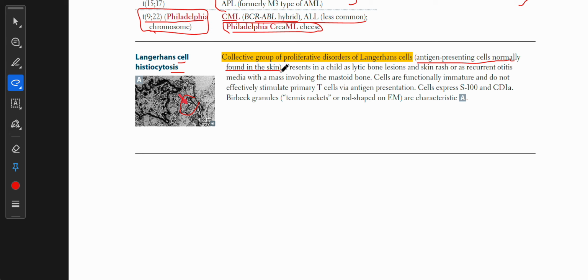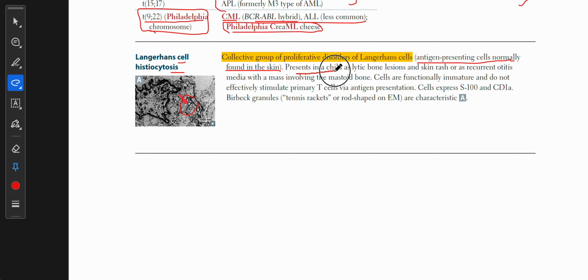Basically, if any antigen invades our body, Langerhans cells, which are antigen presenting cells, will present them to the dendritic cells or natural killer cells. If there is a proliferative disorder, an increase in the number of Langerhans cells, that is called Langerhans cell histiocytosis.